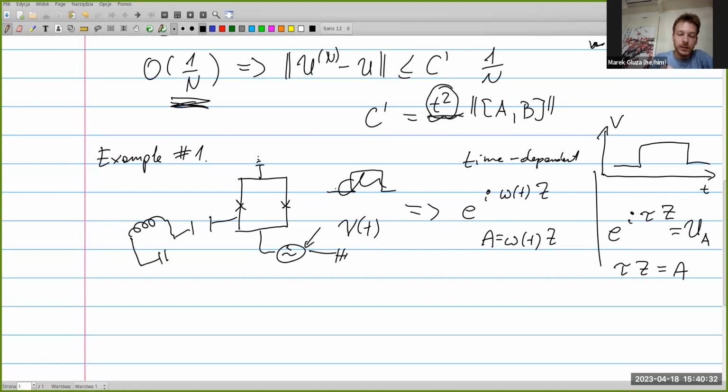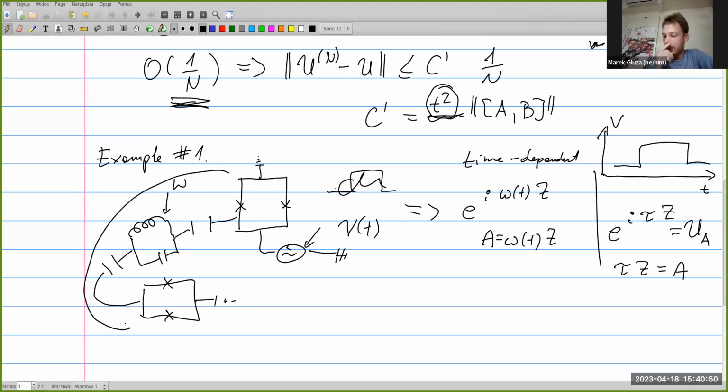Now if I would have some coupling to some other element, and those are just sketches, I'm not saying that such a quantum circuit would work. If I would have this coupling and I would modify the frequency of this, then I could suddenly put those two qubits onto resonance.